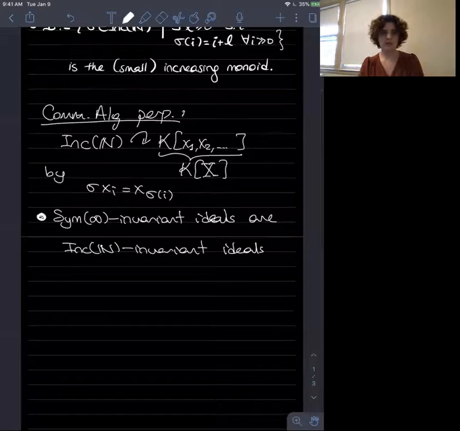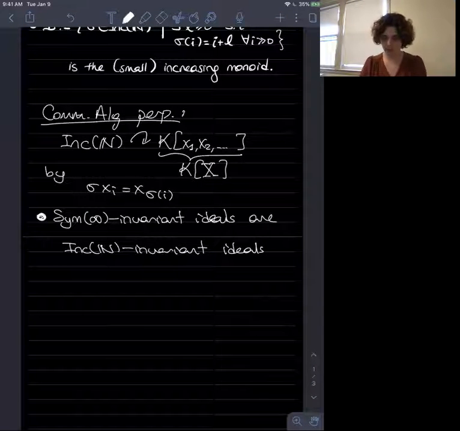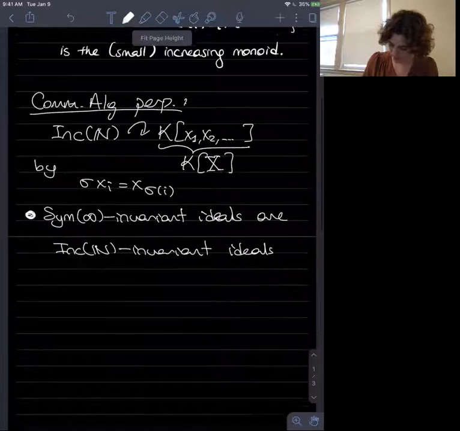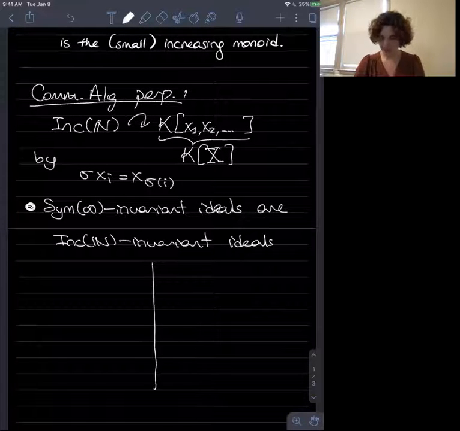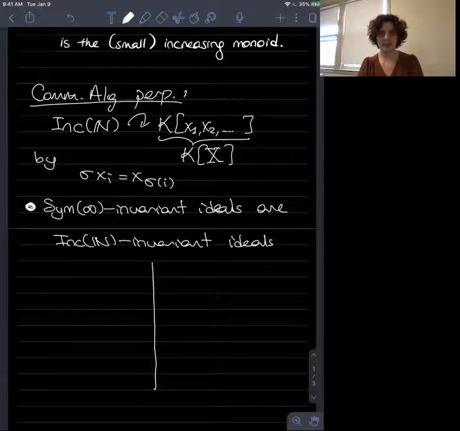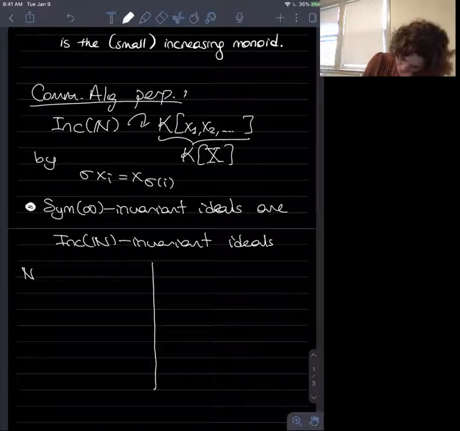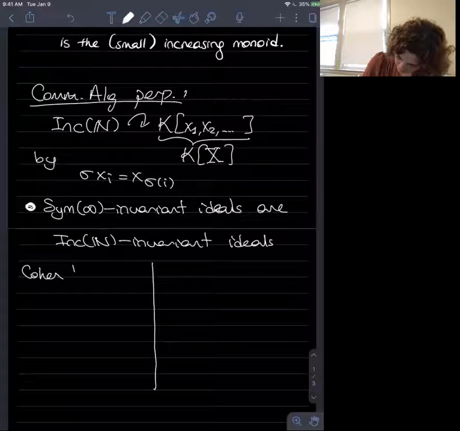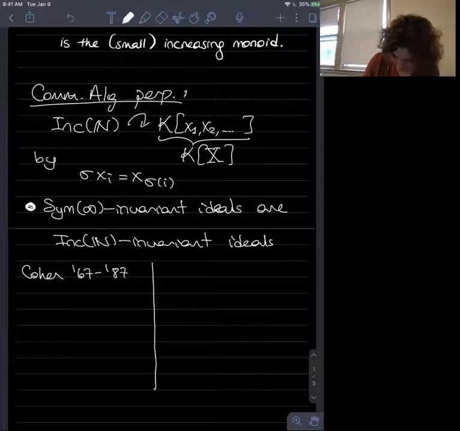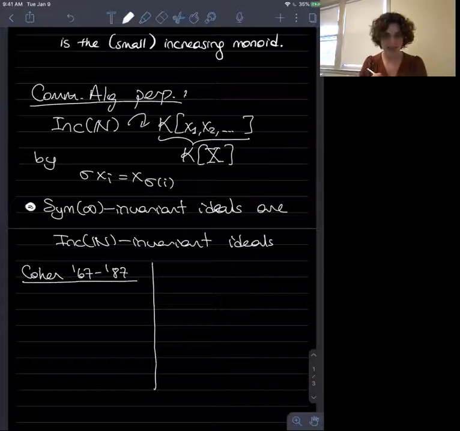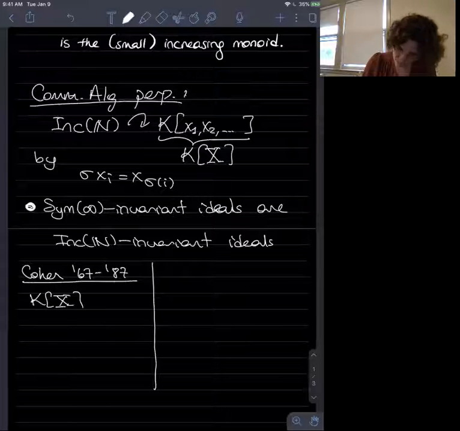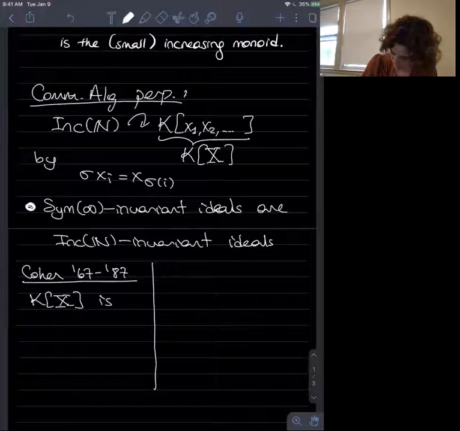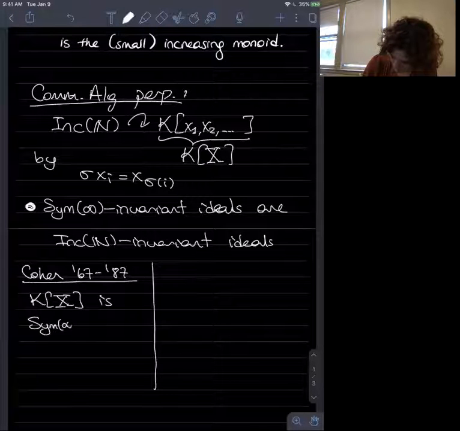All right, so there are two results I'd like to state before I move on to representations. The first one is about showing this analogy in both versions, symmetric and increasing. Maybe I should start with the Sym one. By Cohen in '67, and I hope I'm not wrong, '87, it is known that this polynomial ring with infinite variables is Sym Noetherian.